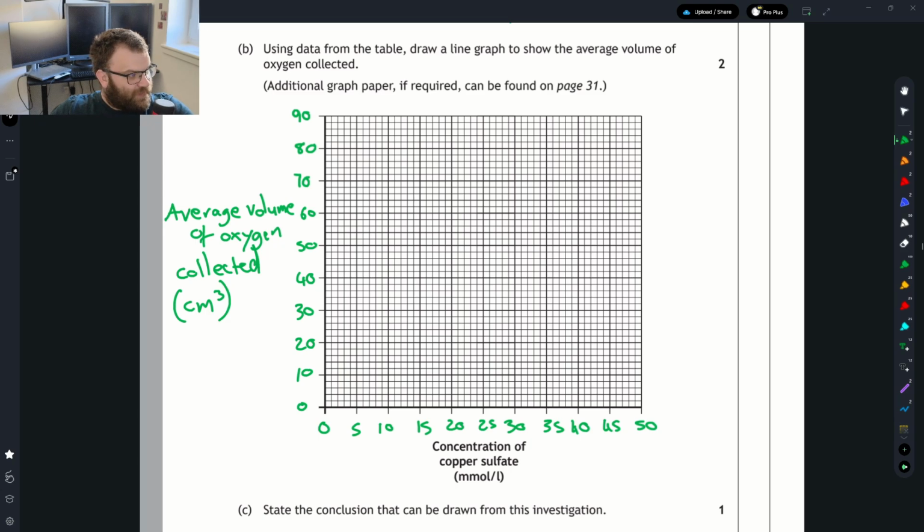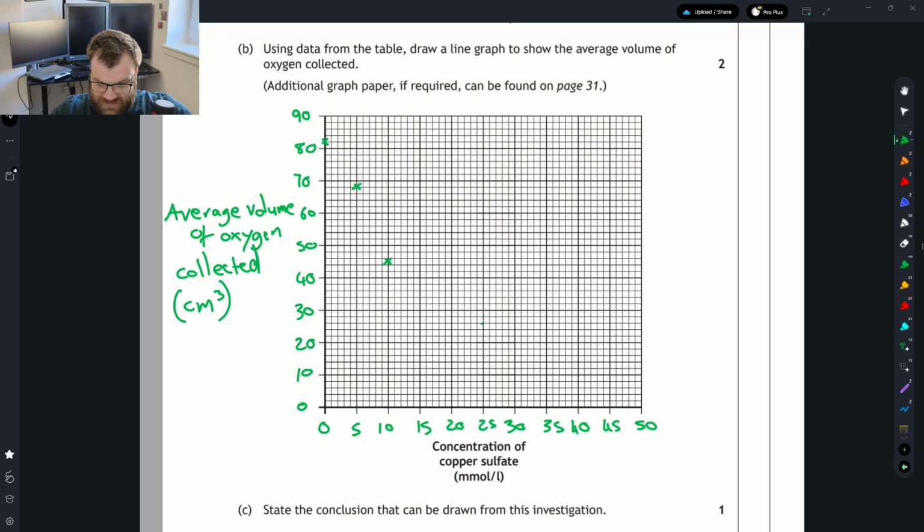So the first point we had was at 0, there was 82. Should be there. And then at 5, it was 68. Knock it down by 1. 10 was 45. Now 45 will be halfway between 50 and 40. So in there, so 42, 44, and then half a box would be 45. Works out there. Over to 25, we're at 25.